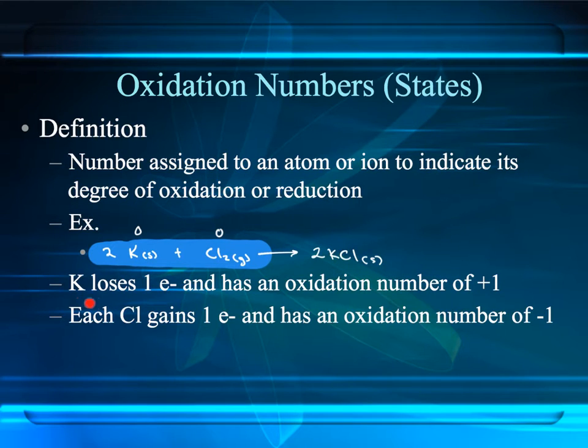These are now ions. Potassium loses 1 electron and has an oxidation number of +1. And each chlorine gains 1 electron and has an oxidation number of -1. So we're going to refer to these, yes, as the charge on it, but we're going to refer to them as the oxidation number.